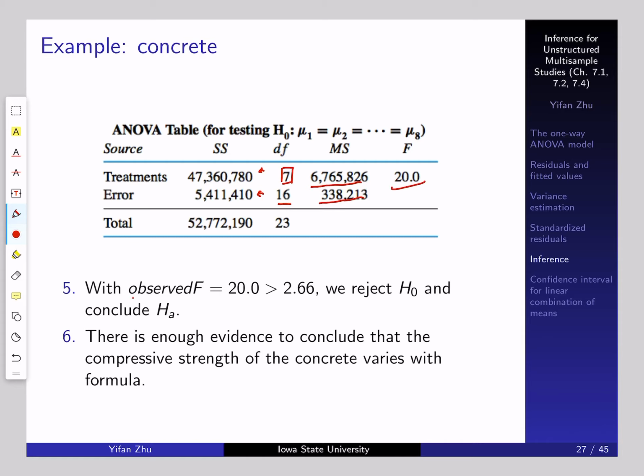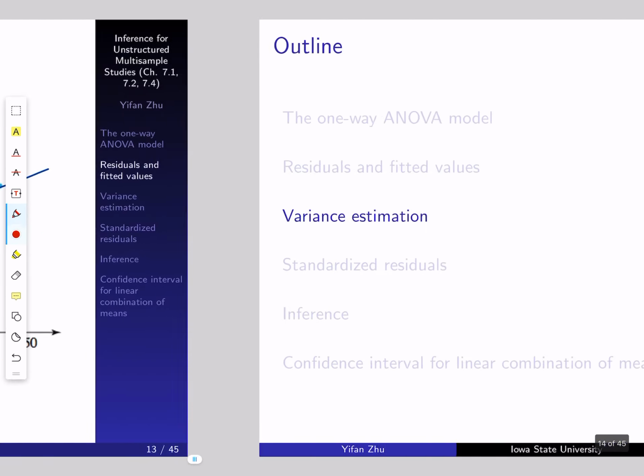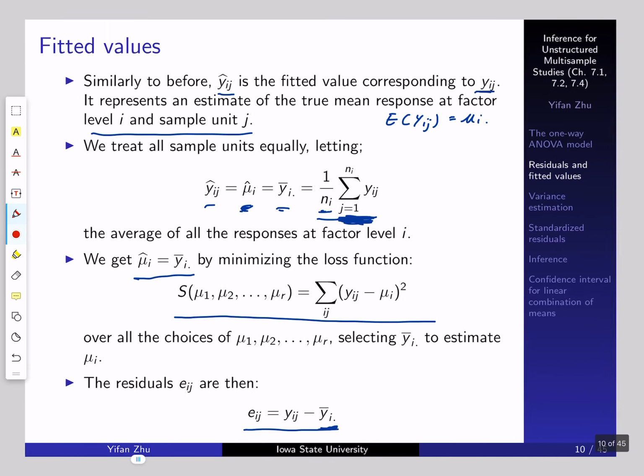And we find that the observed F of 20 is larger than this critical value, so we reject H0 and conclude HA. That means there is enough evidence to conclude that the compressive strength of the concrete varies with formulas. And this can also be clearly seen in this plot.